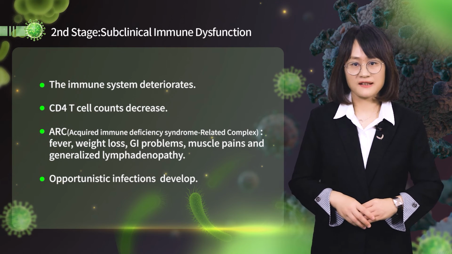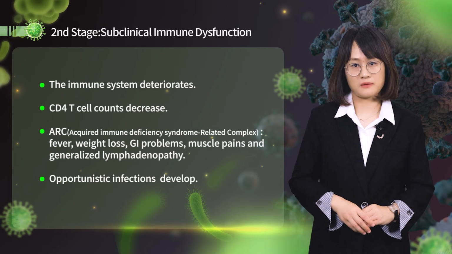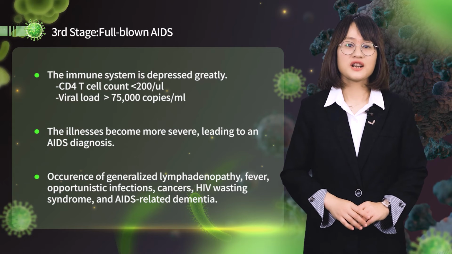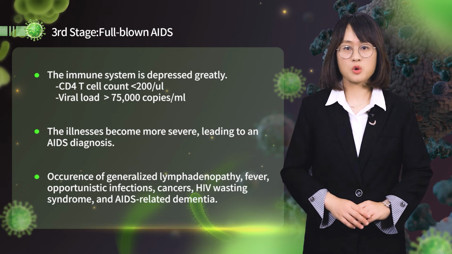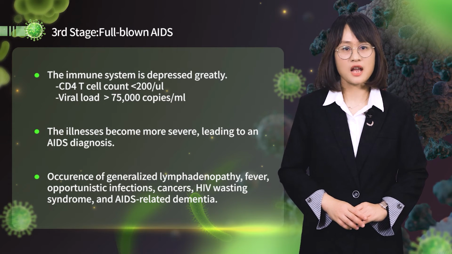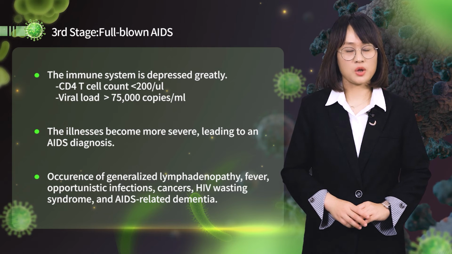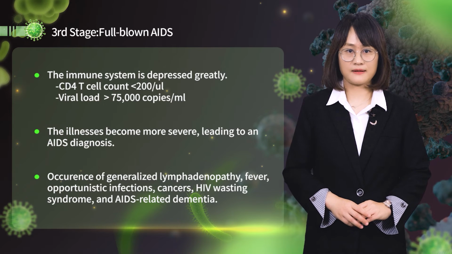As the immune system collapses, opportunistic infections develop. Without treatment, what is the final fate of infected individuals? In the third stage, most HIV patients eventually progress to full-blown AIDS when CD4 T cell counts are less than 200 per microliter and viral load is larger than 75,000 copies per milliliter.